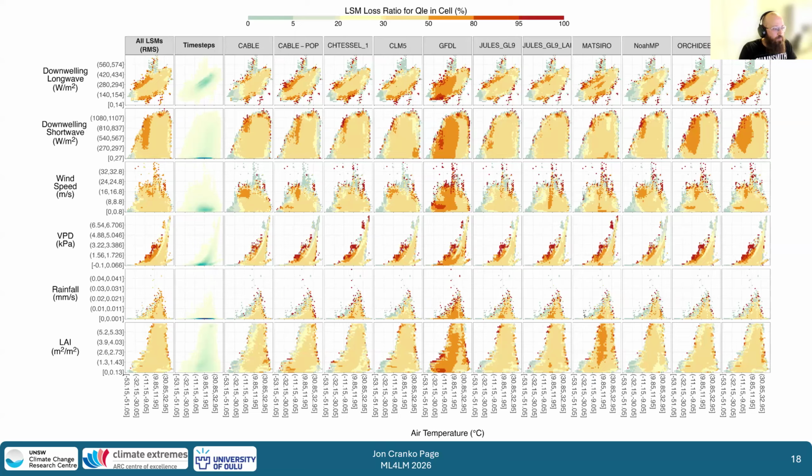And it's important to point out as well, these time steps, these cells, these input conditions, they also don't necessarily relate to extreme flux values. The fluxes can be very average here, in fact. It's just where the models are performing worse. So this underperformance could be only slightly worse for our land model against the empirical models, or it could be a lot worse.